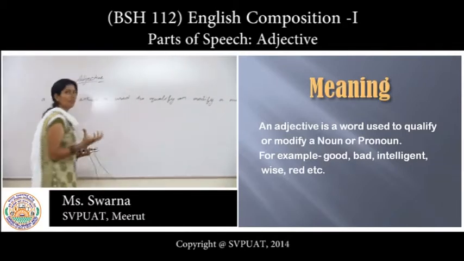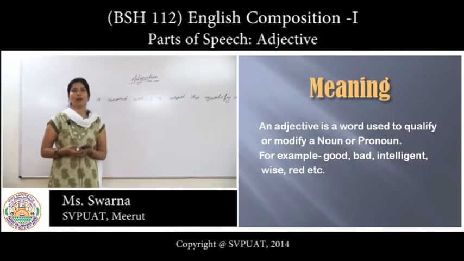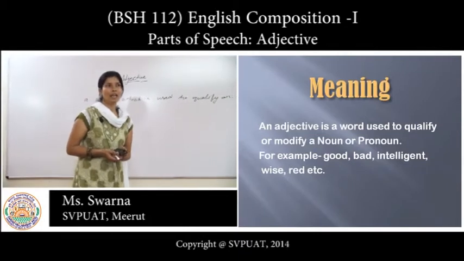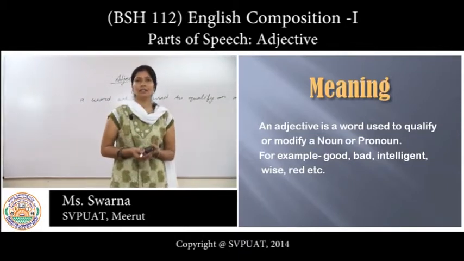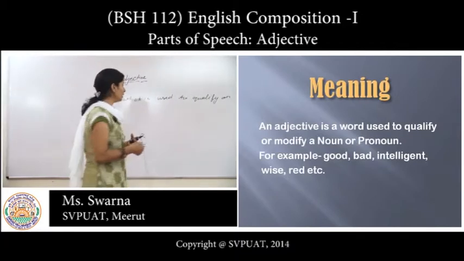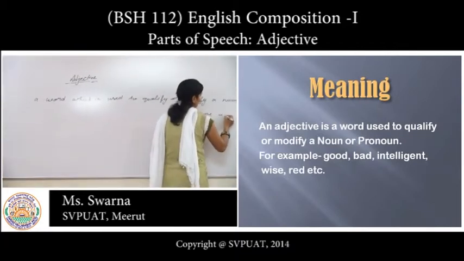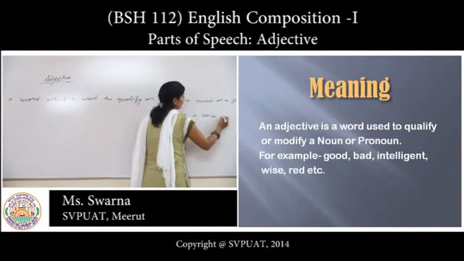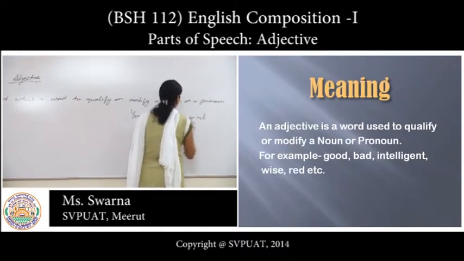We use some words to qualify a noun or pronoun in sentences, like: you are a wise girl, you are an intelligent boy, you are a good boy, you are a bad boy. So these words are adjectives. Like, you are a wise girl.